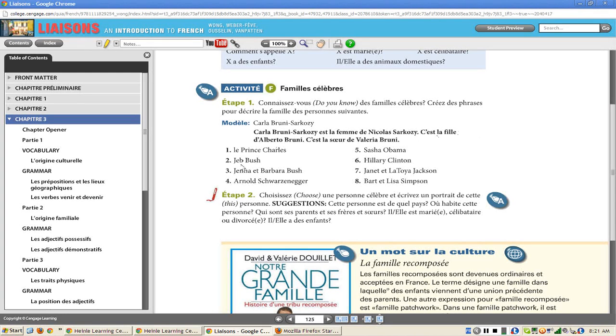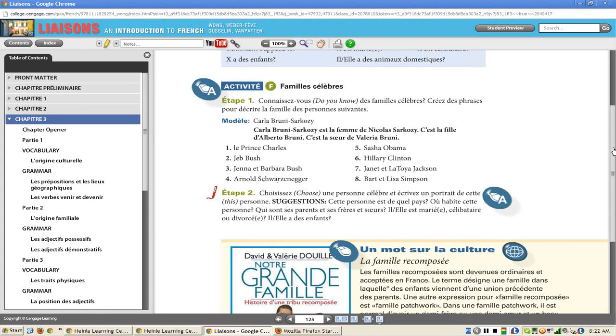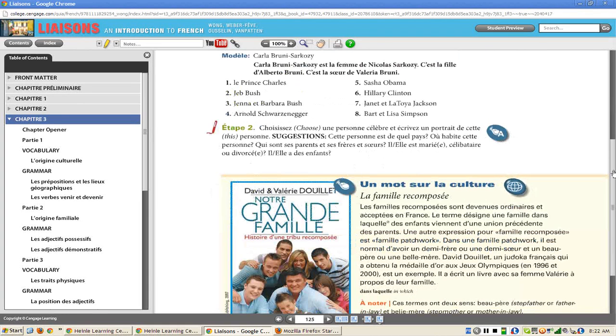Le Prince Charles, Jeb Bush, Jenna et Barbara Bush, Arnold Schwarzenegger, voilà. There's all kinds of possibilities as you talk about these people. Le Prince Charles est le fils de la reine Élisabeth II, et c'est le mari de, n'est-ce pas? Et c'est l'ancien mari de, n'est-ce pas?